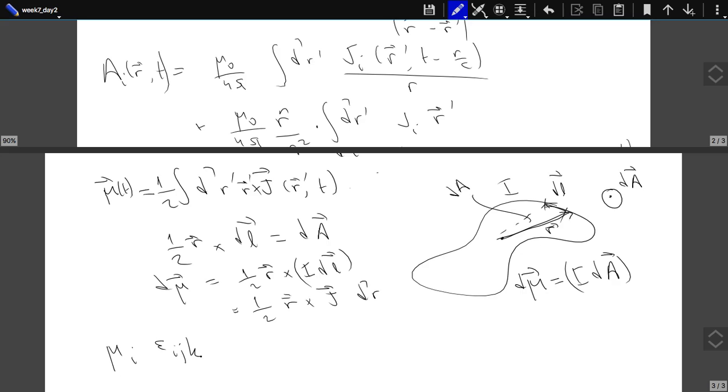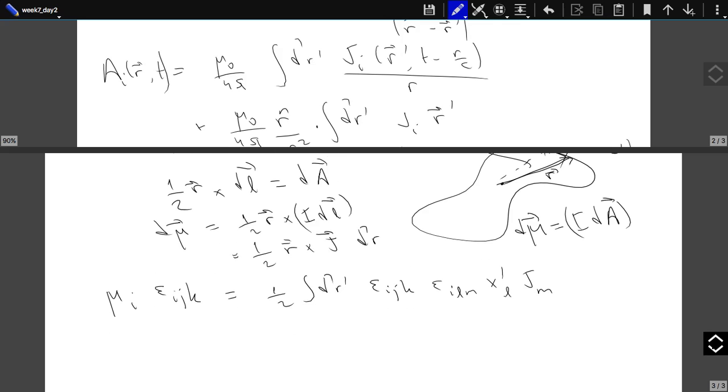Now why do I multiply it? You will see in a moment. Just keep with me. So this will be equal to 1 over 2 ∫d³r′ ε_ijk. Well, the i component of this expression of the cross product will be ε_ilm x′_l j_m. This is equal to 1 over 2 ∫d³r′.